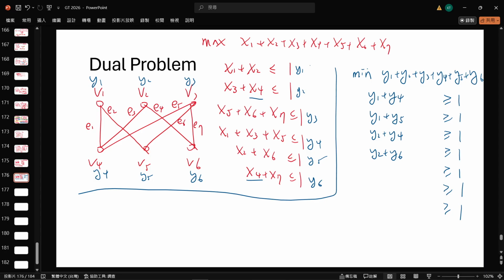I think you can see the pattern here. We create a constraint basically for every edge, and the left-hand side of the constraint is just the sum of the variables corresponding to the two endpoints.